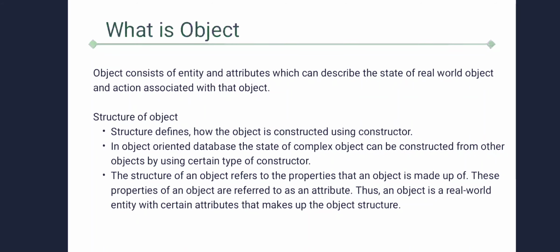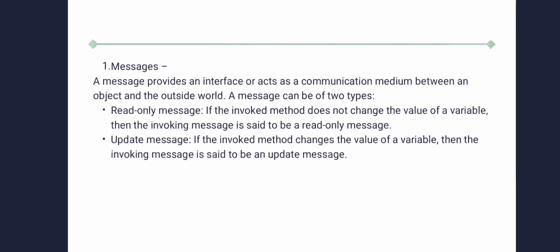Object is created with the help of a constructor, and whatever properties are used to construct or structure the object are known as attributes. They have three types. The first is message.